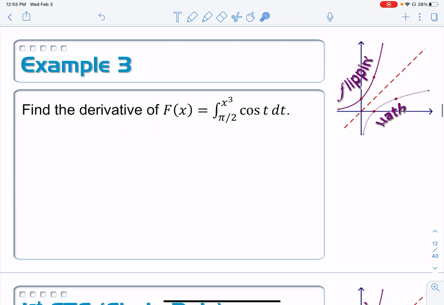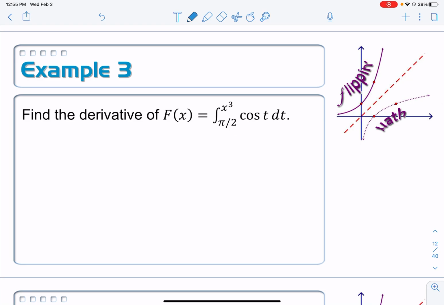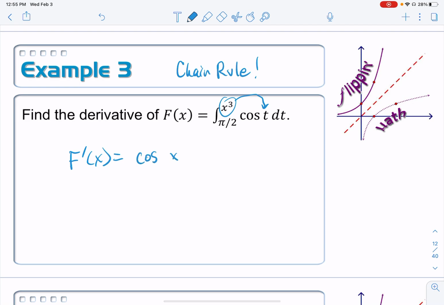When you take the derivative of a composite function, you must remember to use the chain rule. So f prime of x should be equal to, we change our variable just like before, cosine of x cubed, but since we have a composite function, also multiply it times the derivative of x cubed, which is 3x squared.